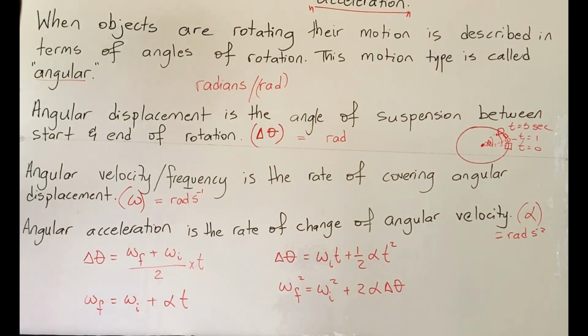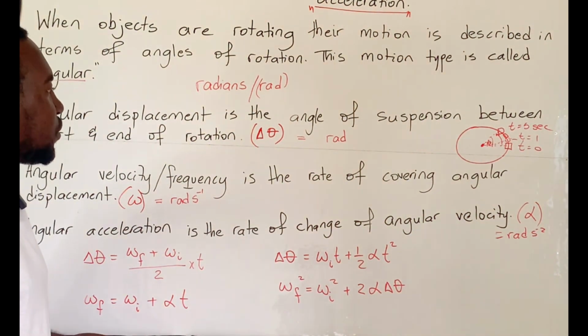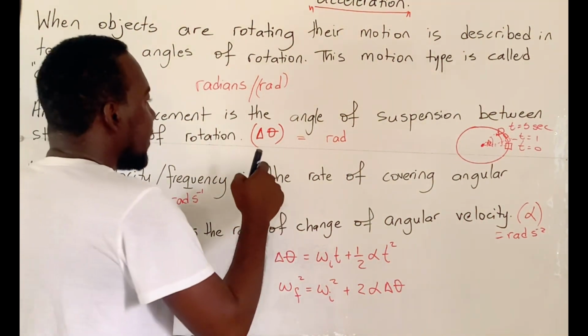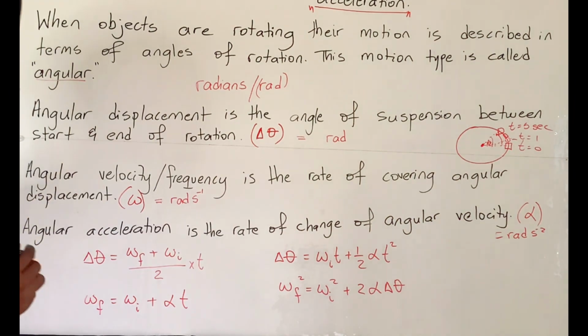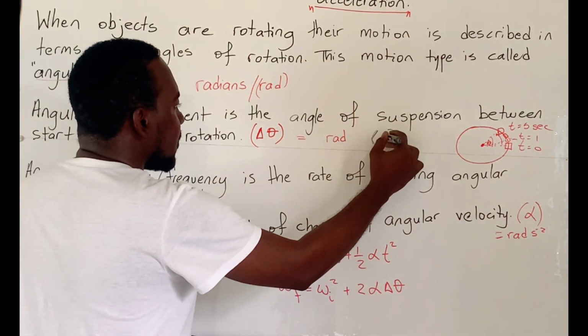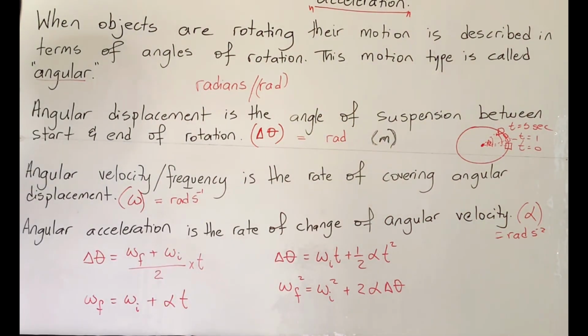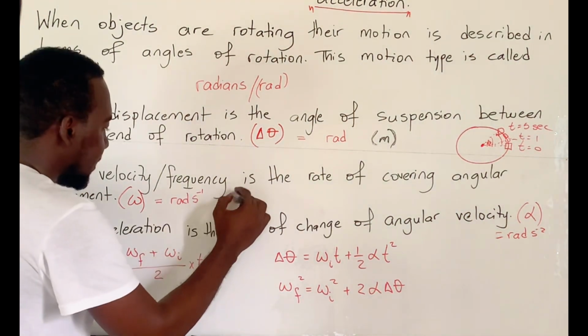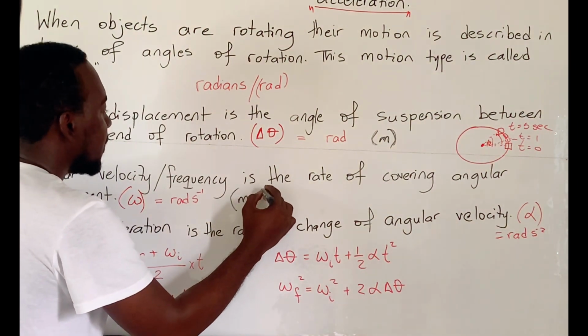Now, you should see some resemblance here, because if we look at linear motion, let's use the black marker for linear motion. If we talk about distance in linear motion, the unit would be meters. If we talk about velocity in linear motion, it's meters per second.